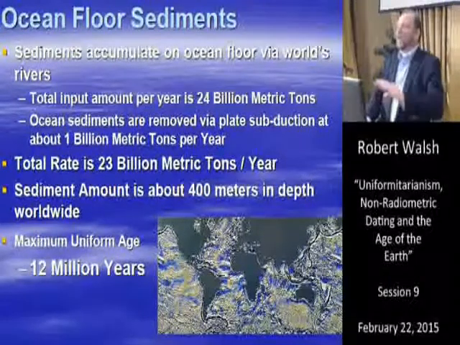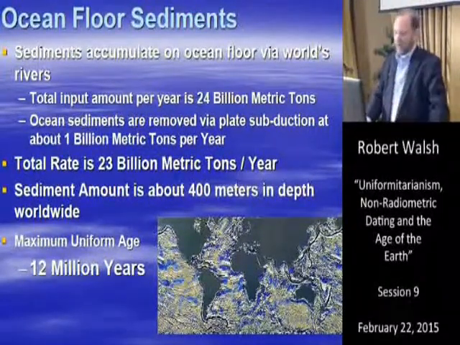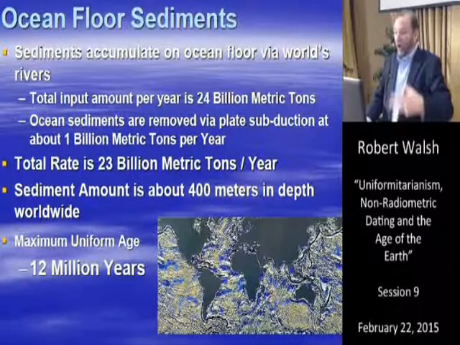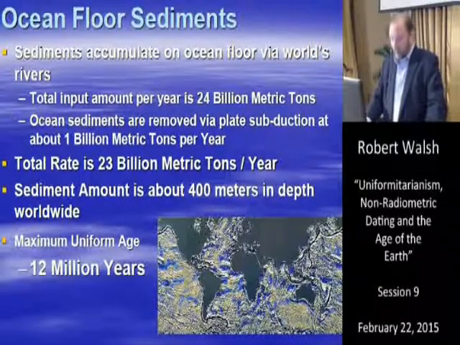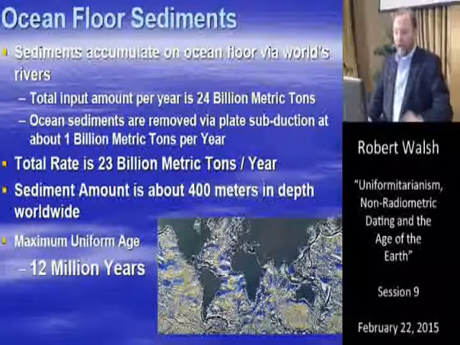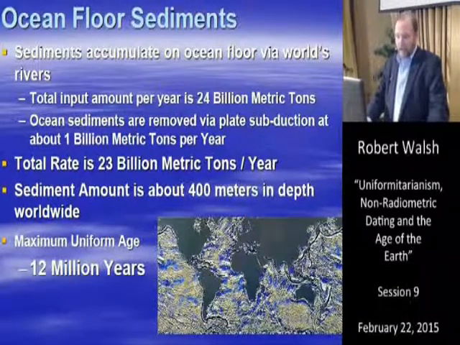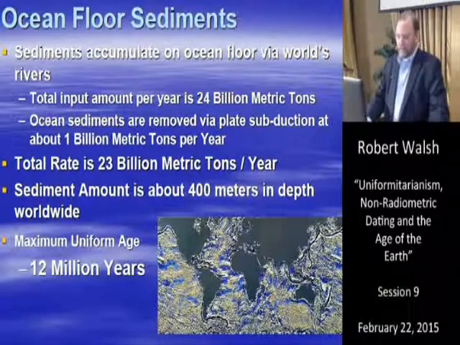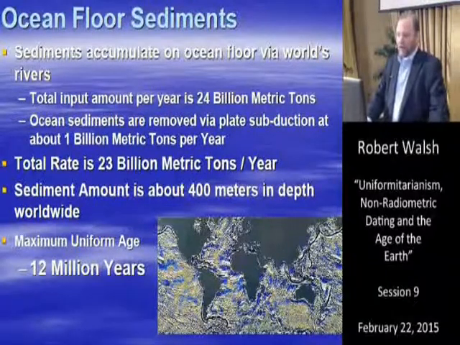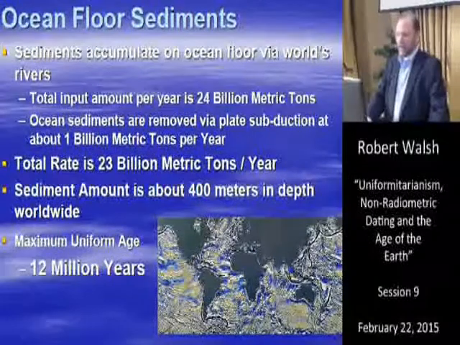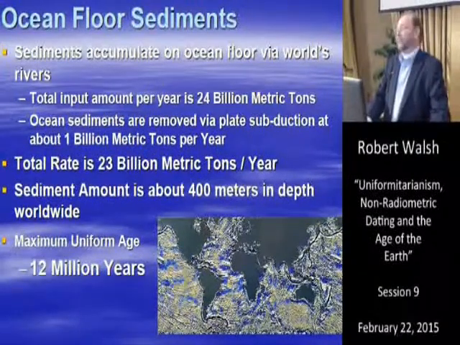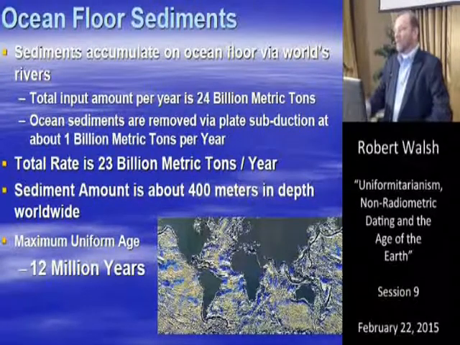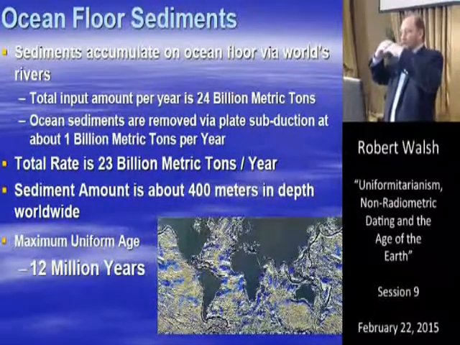But the point being is that the Mississippi River is taking all this material to the ocean basin, and it's all accumulating. So all the rivers of the world are doing the same thing at different rates and different amounts. The total amount per year is about 24 billion metric tons. And according to the plate tectonic model, about 1 billion metric tons are being taken away from just the continental plates subsuming under each other.